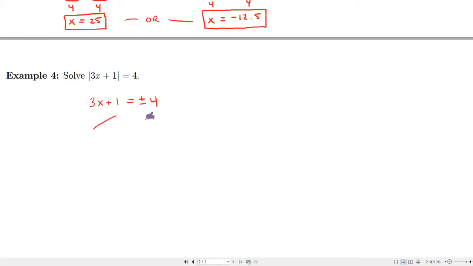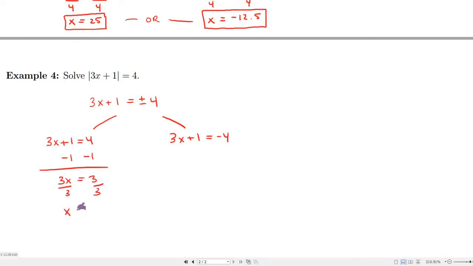So there's two separate equations here. So 3x plus 1 is equal to 4, and 3x plus 1 is equal to minus 4. So subtract 1. We'll have 3x is equal to 3, divide by 3, and we'll have x is equal to 1. So that's one of the solutions.